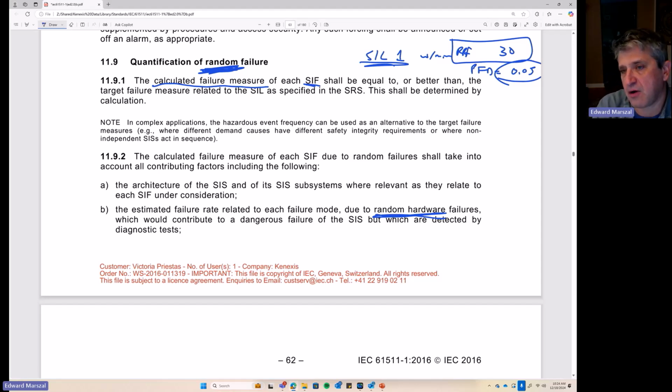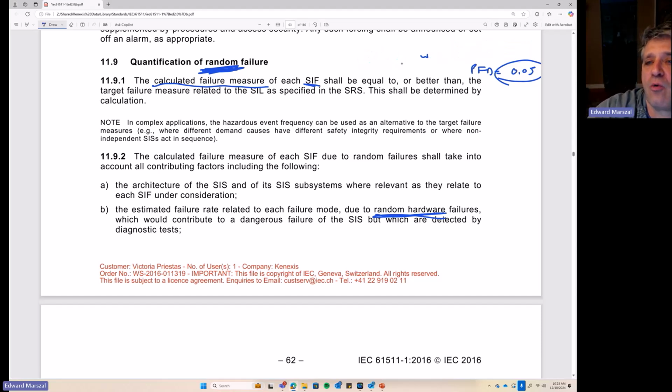Furthermore, depending on the mode of operation, the calculated failure measure might be a risk reduction factor if you're in the low demand mode of operation, but if you're in high demand mode or continuous mode, your calculated failure measure might be a frequency. So we're being very inclusive in our terminology, because calculated failure measure, maybe it's a frequency, maybe it's a probability, maybe it's a SIL number, whatever it is, we need to achieve it.